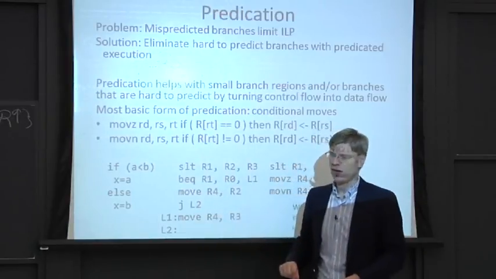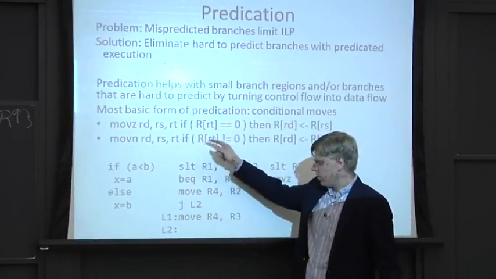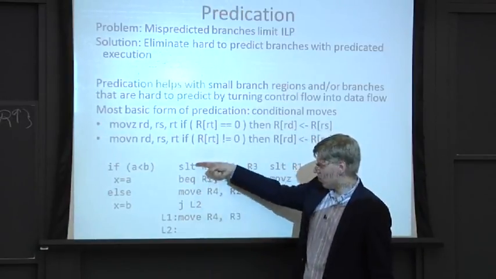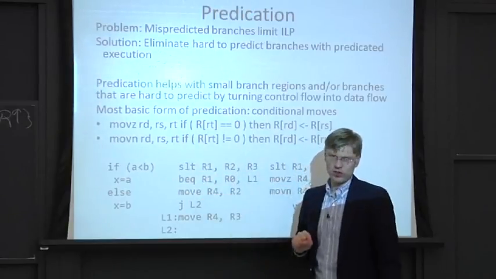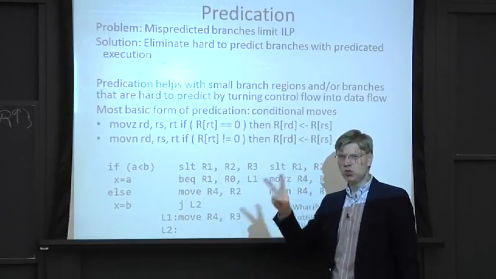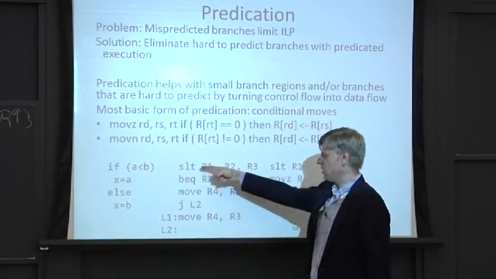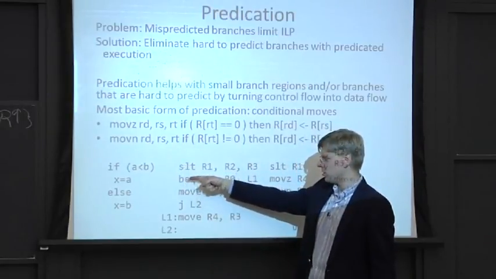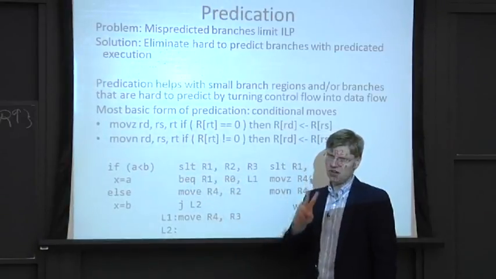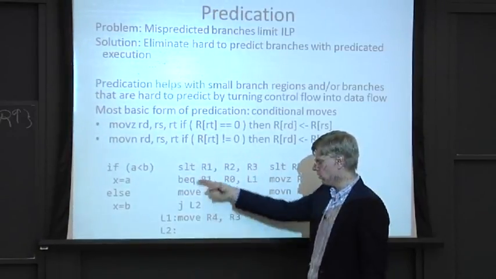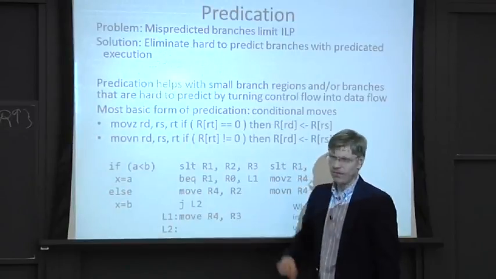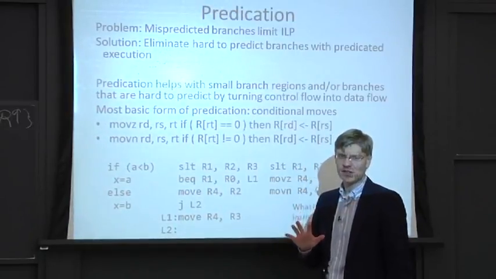So it predicts the fall-through case. So all of a sudden, the fall-through case is going to be 1, 2, 3, 4 instructions. And let's say we have a 2-cycle branch mispredict penalty. So let's look at the other case. So the other case is going to be 1, 2, and then 2 cycles of mispredict. So that gets us up to 4. We're going to branch over 5. So it's going to be 5 cycles.